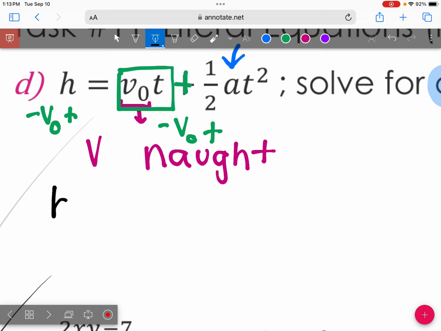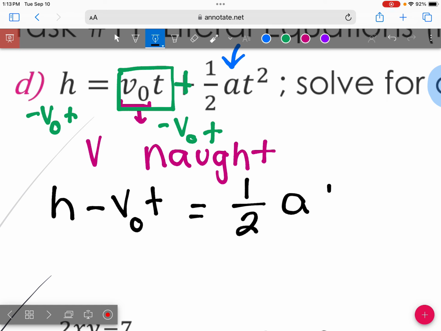So what we have on the left-hand side right now is H minus V naught T, and everything left on the right-hand side is our 1/2 A T squared.